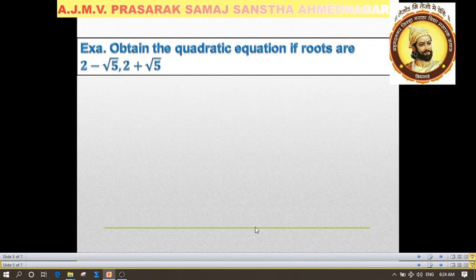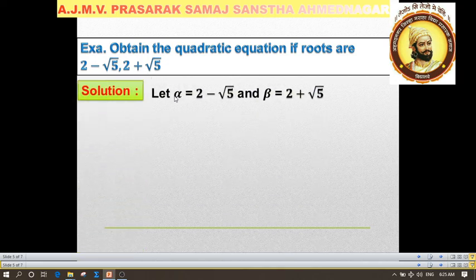Consider another example. Obtain the quadratic equation if roots are 2 minus root 5 and 2 plus root 5. Observe that both roots are irrational roots and which occur in the conjugate pair. So let first root alpha and second root beta.